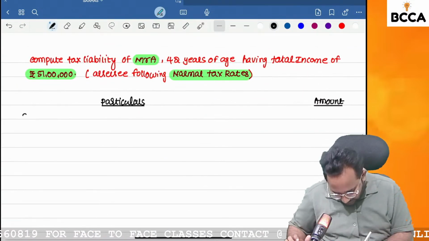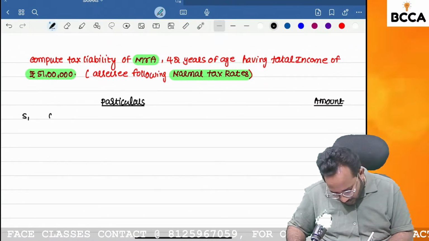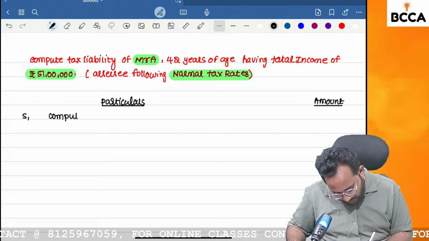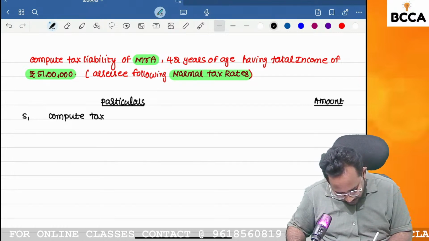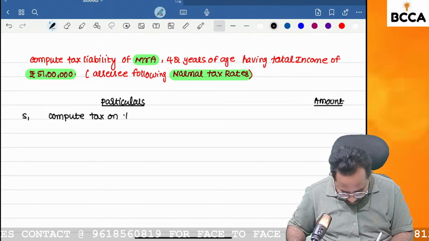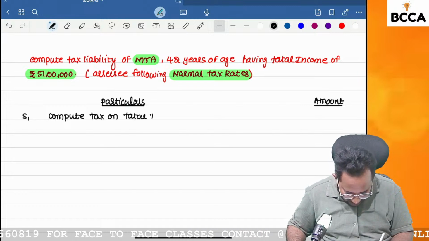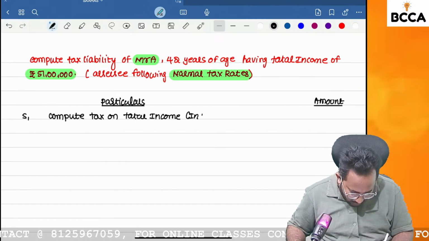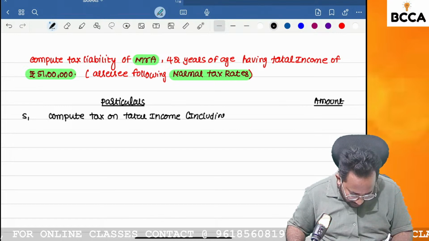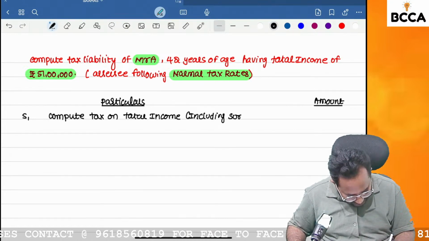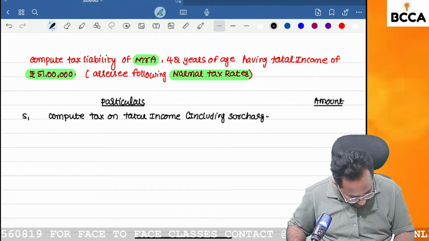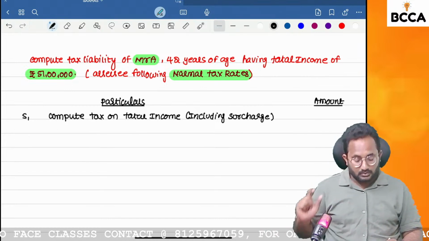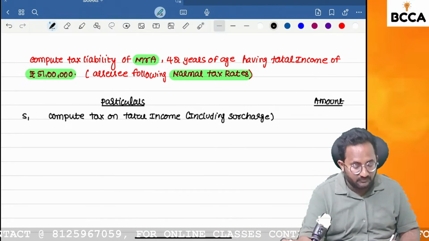Okay. What is Step 1? Compute tax on total income, including surcharge. What is the total income given in this problem? 51 lakh.